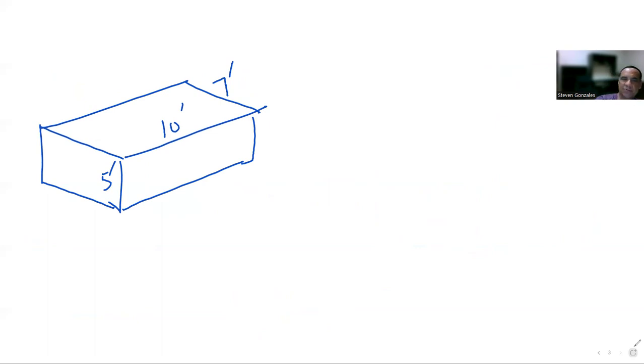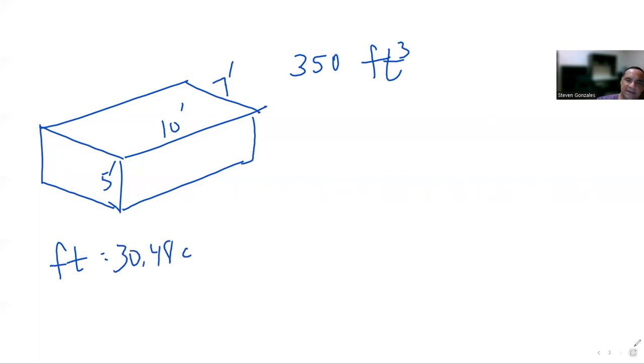So I have a situation where this is 350 cubic feet. Now, here's the thing I've realized about feet: according to the chart, a foot is equal to 30.48 centimeters. That's on your conversion chart.